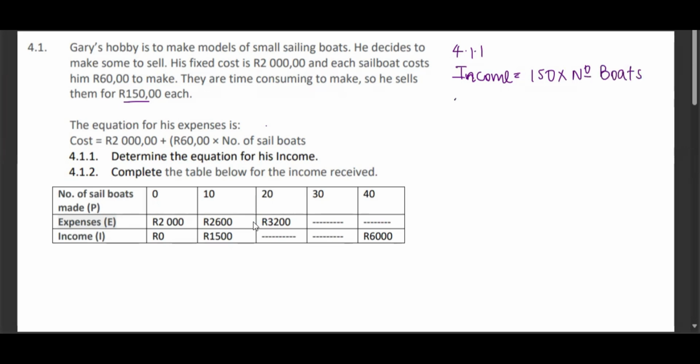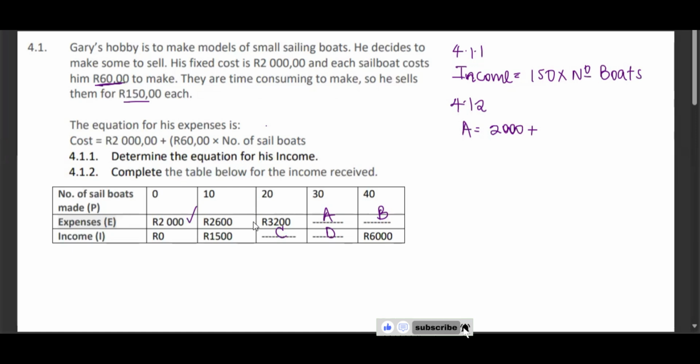Then 4.1.2, they want us to complete the table. Let's say this is A, this is B, C, and D. The value of A will be 2,000 because it's fixed, plus the cost to make only one.